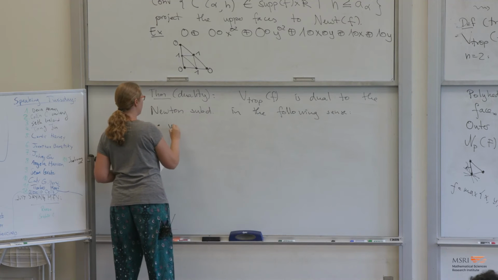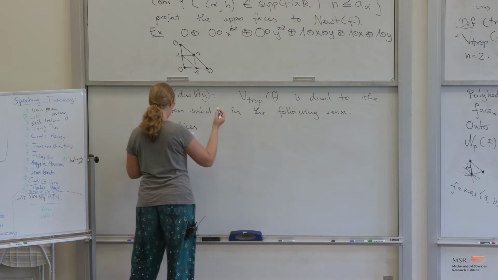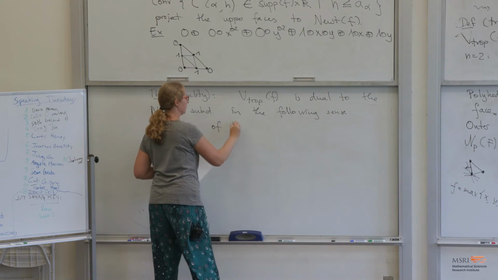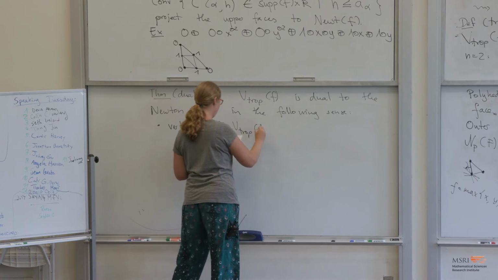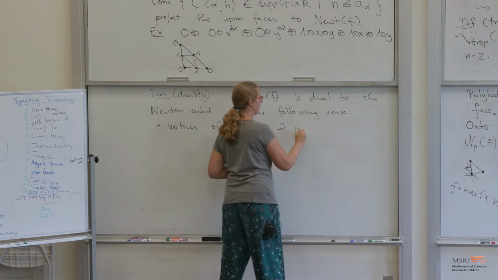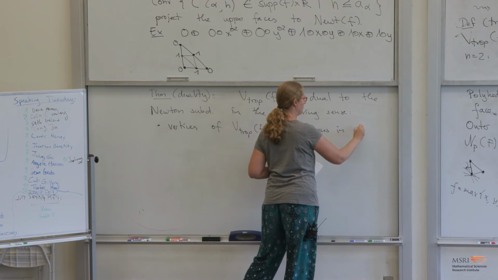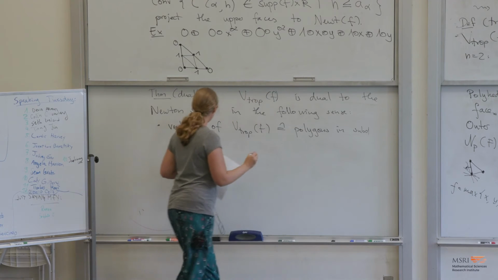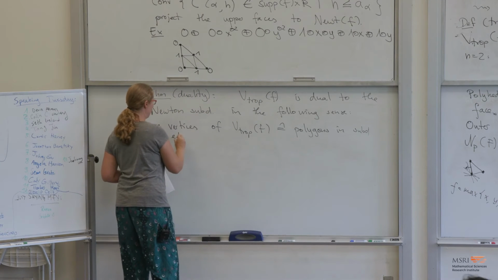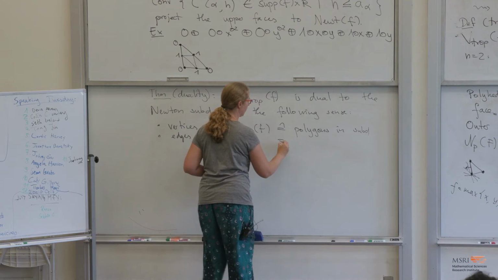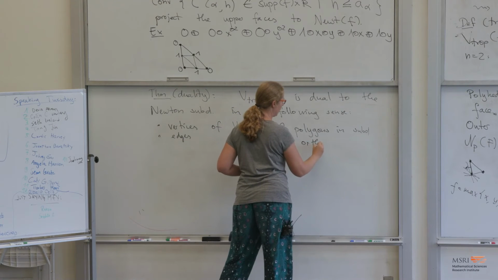So the vertices of my tropical plane curve, the vertices correspond to polygons in the subdivision. The edges of my tropical plane curve correspond to orthogonal edges.